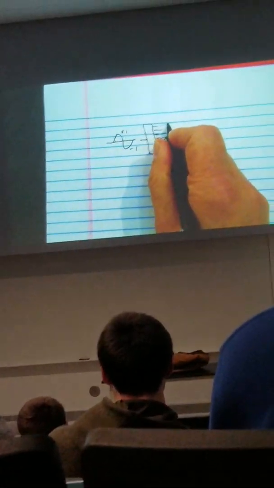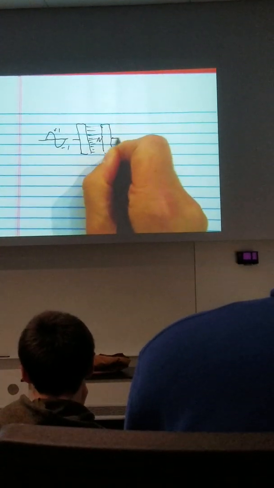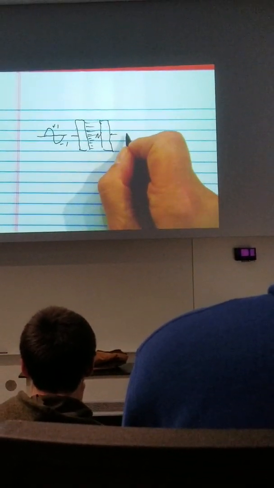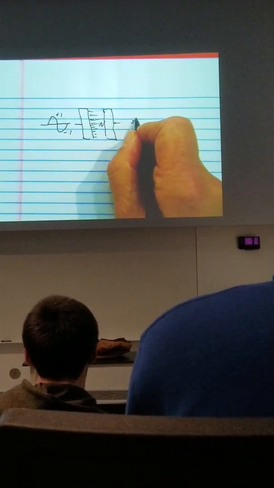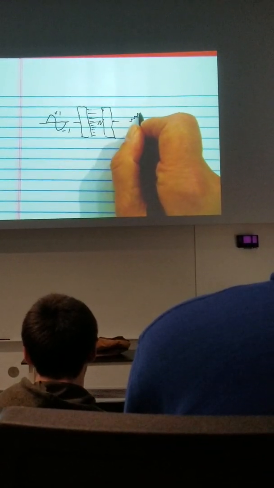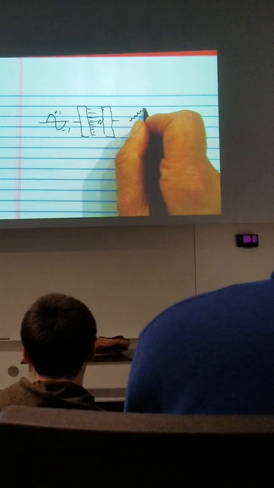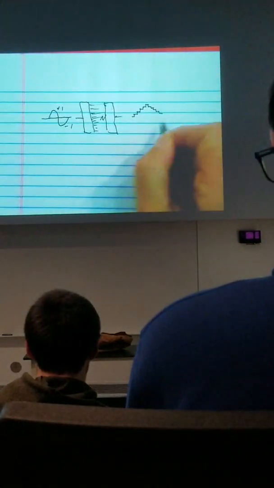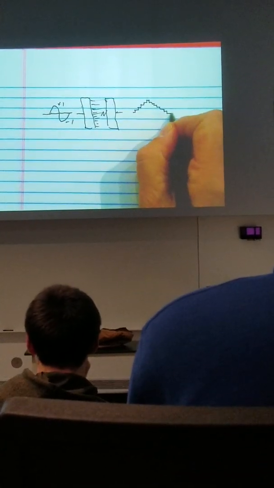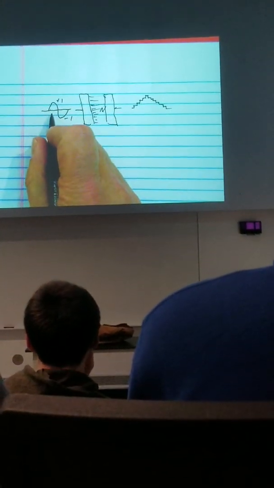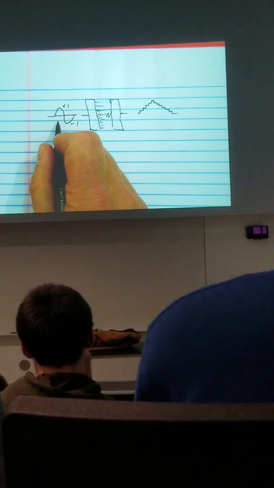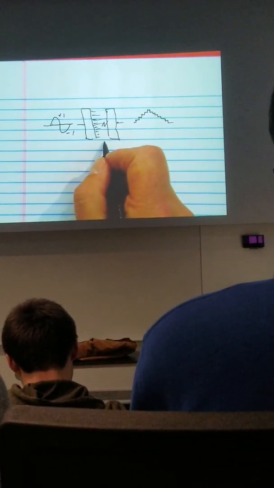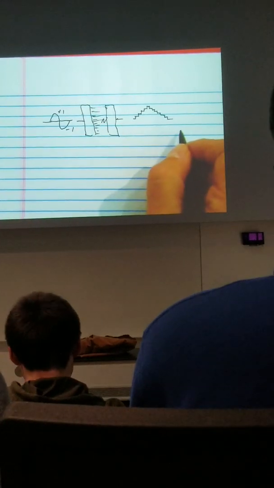So if you run into a digital to analog converter, your signal would appear like that, because it's been quantized by the A to D converter. Does that make sense?